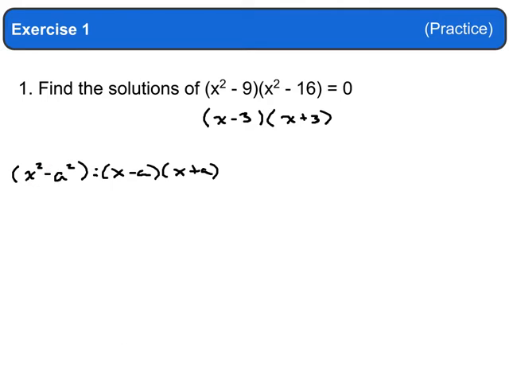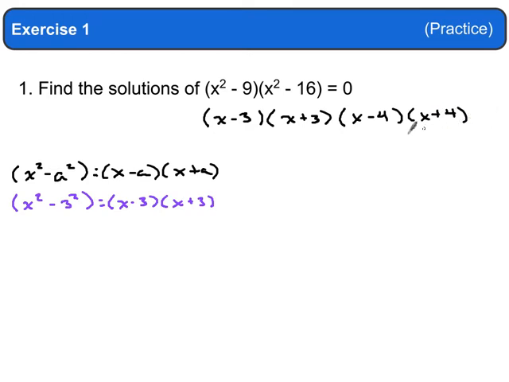Because I can rewrite the 9 as 3 squared. So then I know that translates to x minus 3 and x plus 3. We do the exact same thing with the x squared minus 16. So this will be x minus 4, and this will be x plus 4.